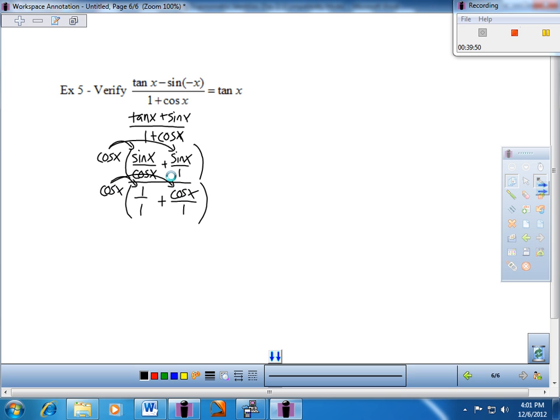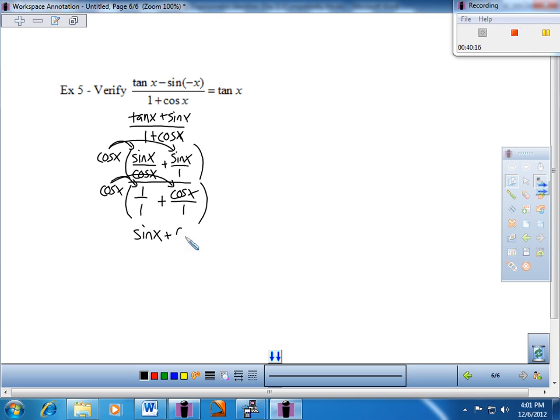Okay, well when I do that, let's go ahead and distribute this times this fraction right here. And as you can see, cosines would cancel. And that was the point, of course, so we get sine of x. Then here's my plus, everybody. And I repeat, cosine times sine over 1. Nothing cancels, but that's okay. It's just over 1, so it doesn't matter.